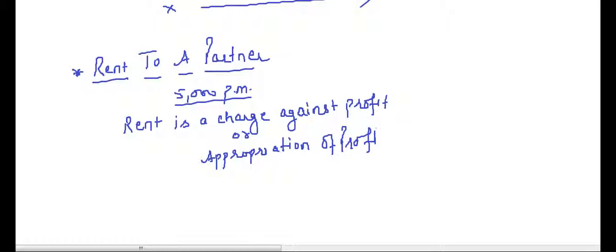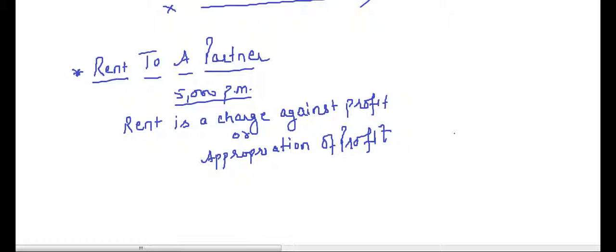Now suppose the firm is paying rent to a partner. It is a partner's building where they are running the firm. Now the firm in a particular year is into losses. What will the firm say? The firm will ask the partner that because I am running into losses, I can't pay you the rent.